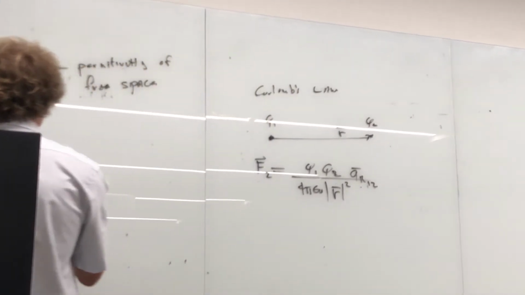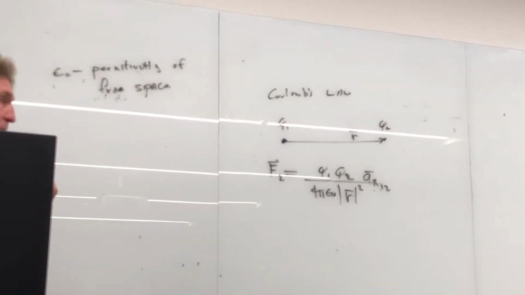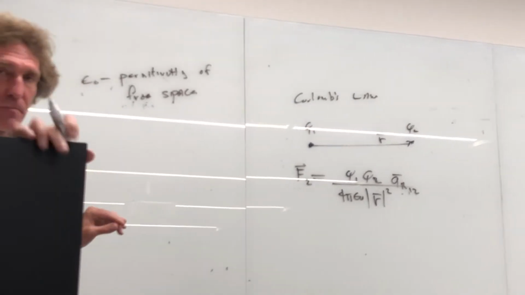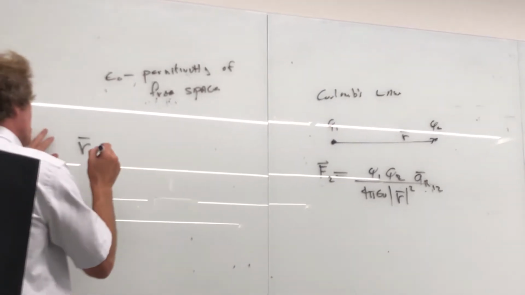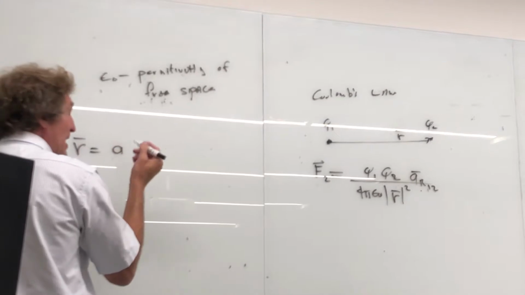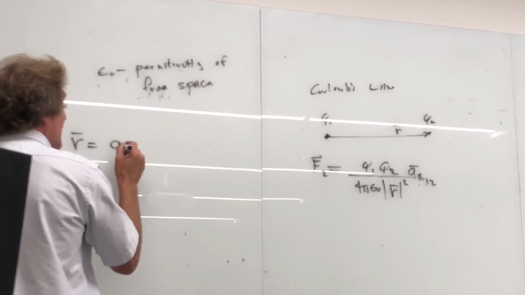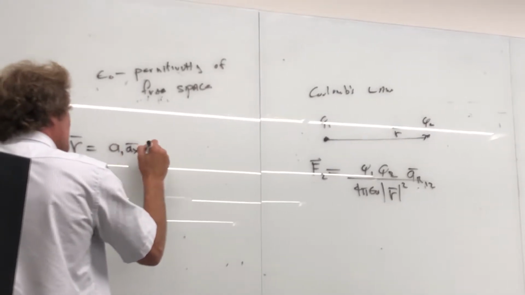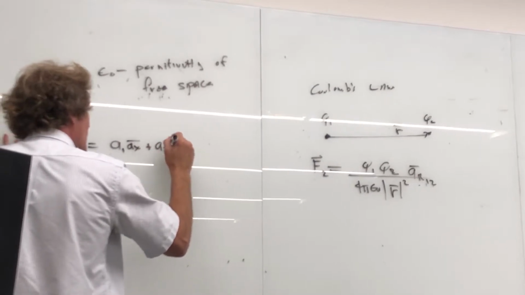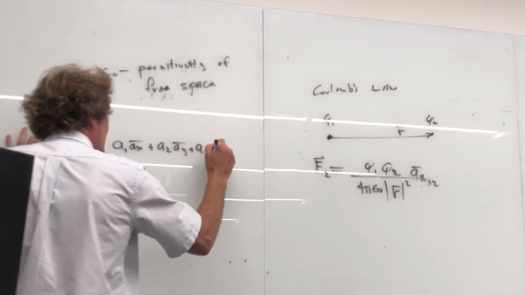Now when I have a vector R, in general, please watch this. A vector R in general, you're going to have some value, I'll call it A1 aX plus A2 aY plus A3 aZ.